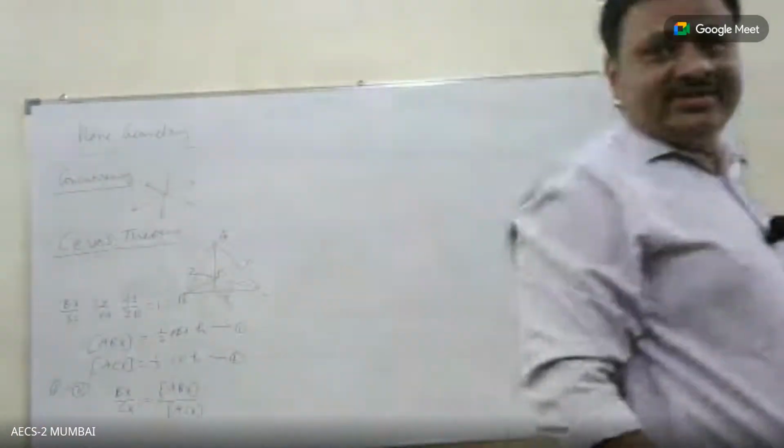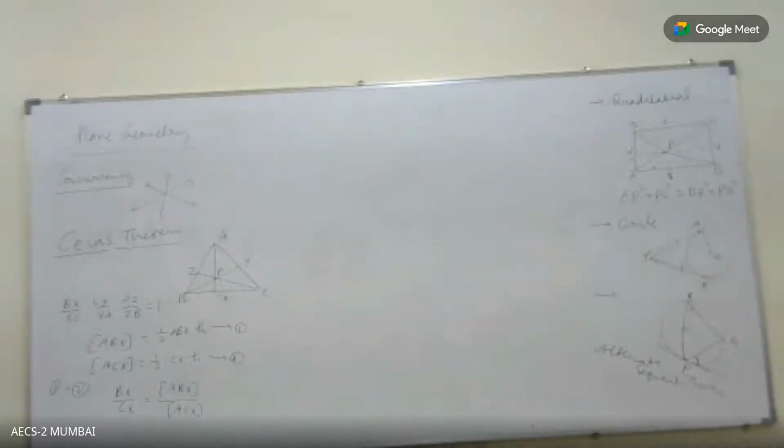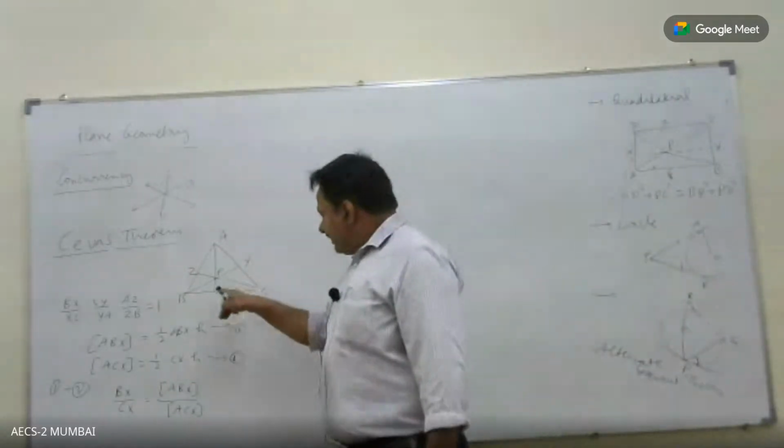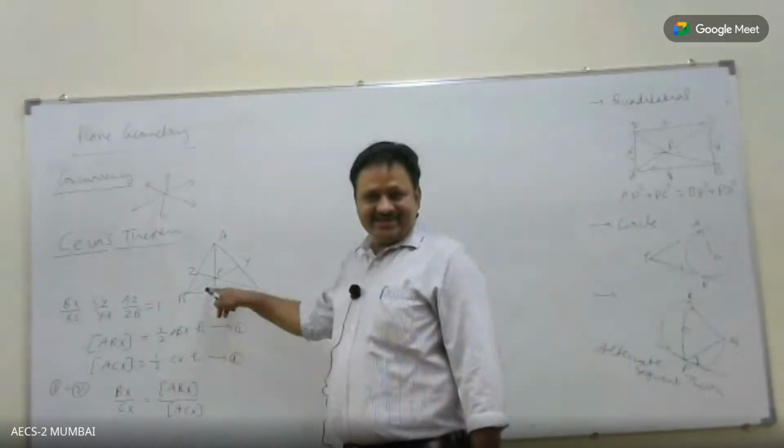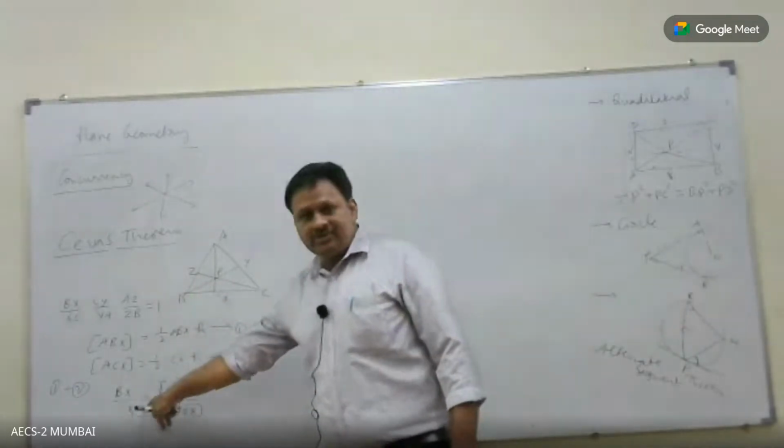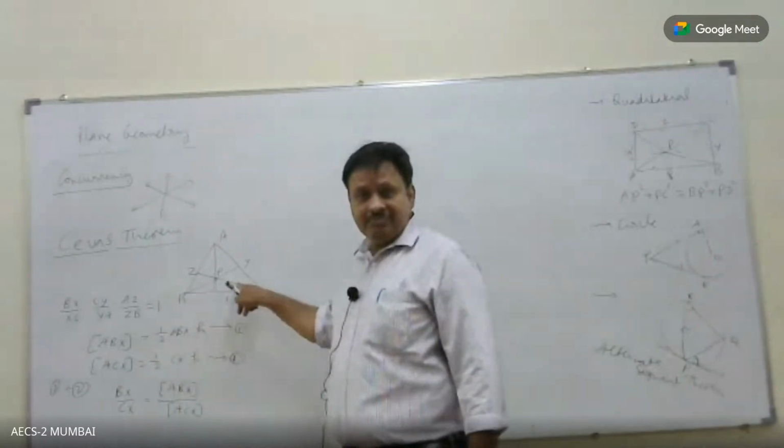Is it clear? We got the ratio in terms of areas. Now, let me get these two triangles and again get this ratio in terms of these two.